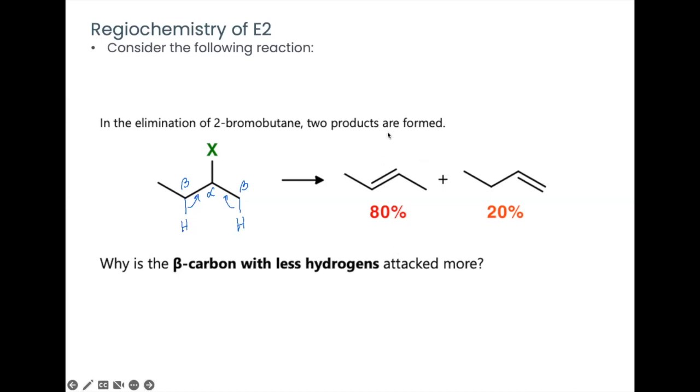Now, as you can see, you have 80% for an internal alkene versus 20% for an external alkene, meaning the double bond is internal, inside the molecular structure, and this is towards the outside. The terminal alkene, I mean. Okay?